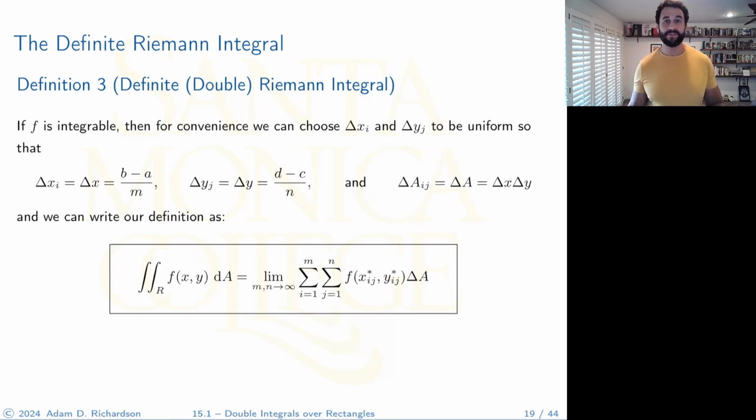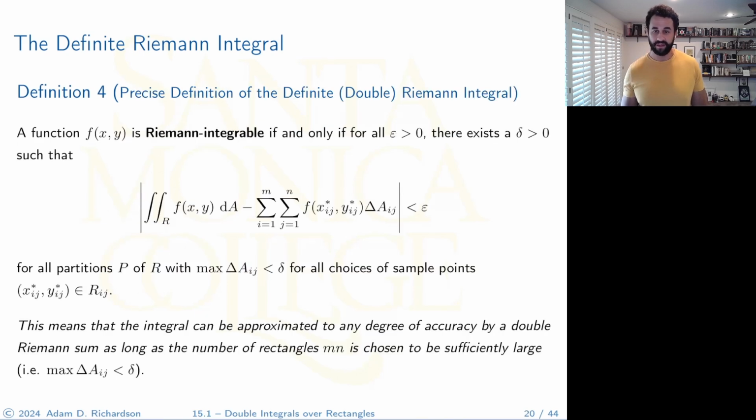Now here's where things get a little more complicated. You'll notice this double Riemann integral is written in terms of a limit. If you want to be properly rigorous and mathematically safe, you need to express this in the formal definition of a limit, and that's what we have right here. This is the precise definition of a definite double Riemann integral.